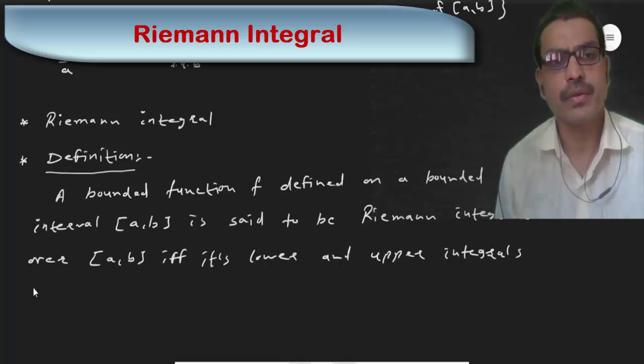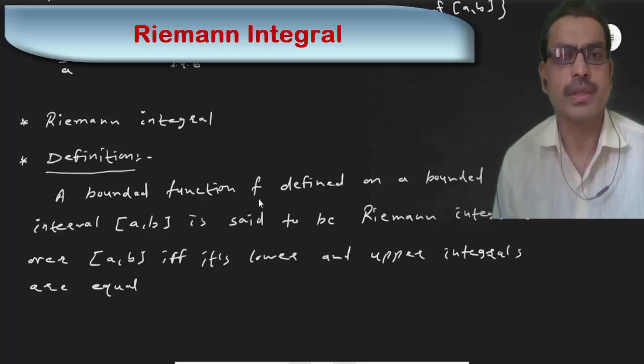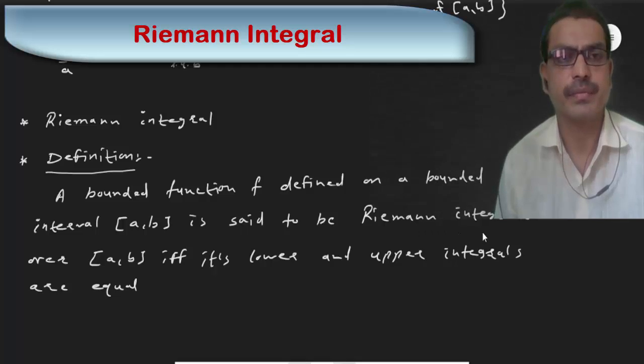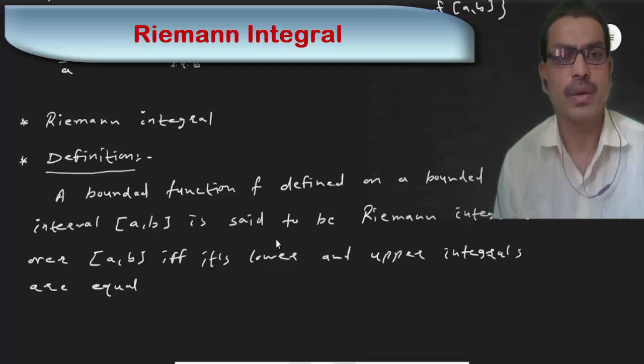are equal. See, in the definition of the Riemann integral, if a function f is bounded on the closed interval [a, b], then it is said to be Riemann integrable over [a, b] if and only if its lower integral and upper integral are equal.